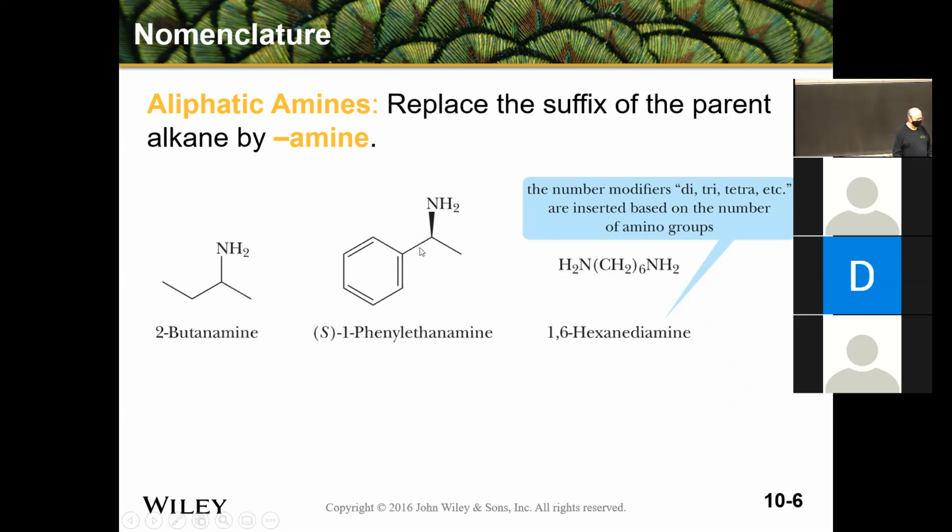And here the parent compound is ethane. We consider ethane to be more substituted. So benzene ring as a substituent is a phenyl. So 1-phenylethanamine, and this is the S configuration. This is hexane, 1,6-hexanediamine.